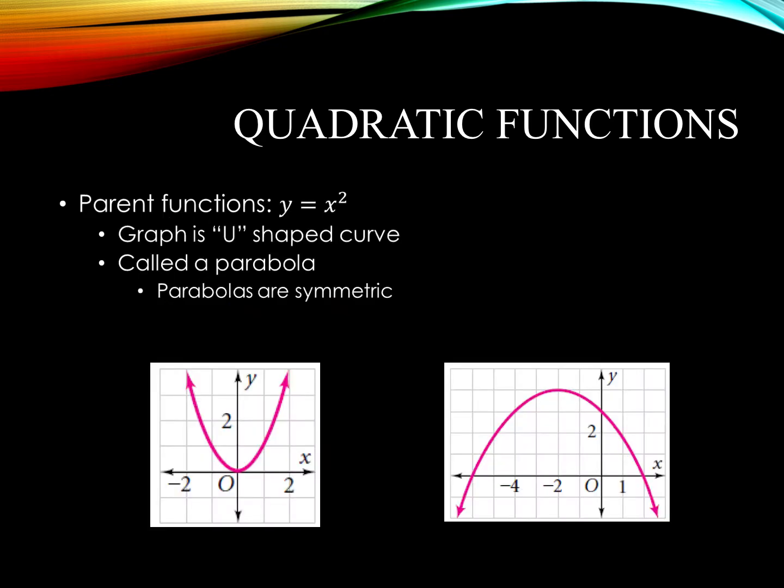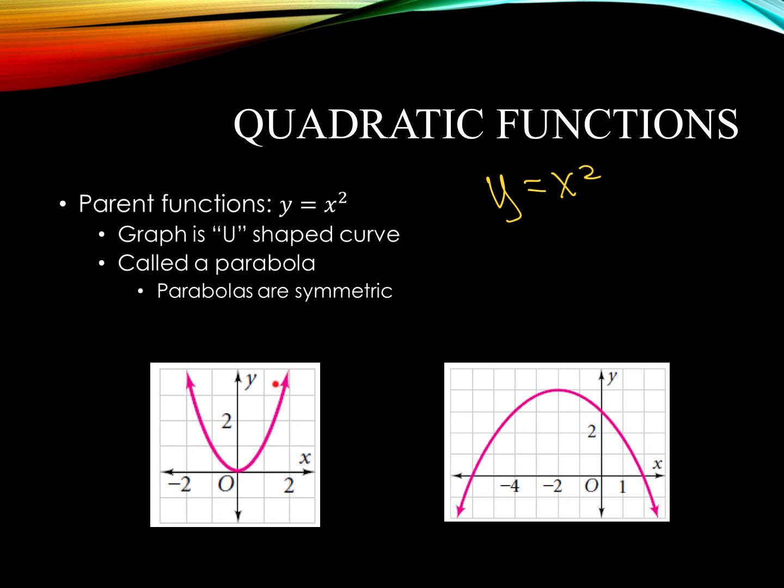When we look at a quadratic function, we have what we call a parent function. A parent function is like y equals x squared. A parent function is kind of like what all of your graphs should generally resemble, kind of like you resemble your parents. The parent function of y equals x squared is going to be a U-shaped graph.